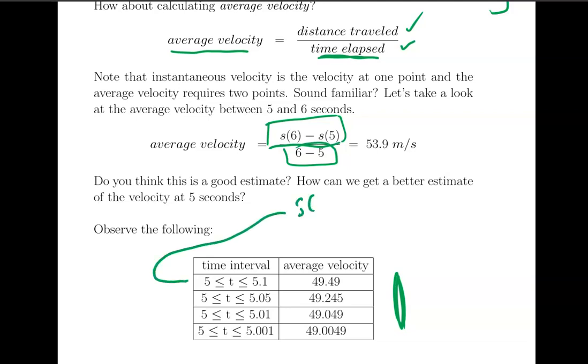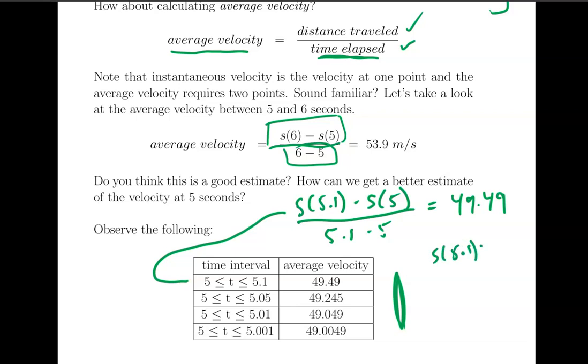That's S of 5.1 minus S of 5 over 5.1 minus 5. That would give you the 49.49 that's in the chart. S of 5.1 is 4.9 times 5.1 squared. You just plug it into the distance formula.